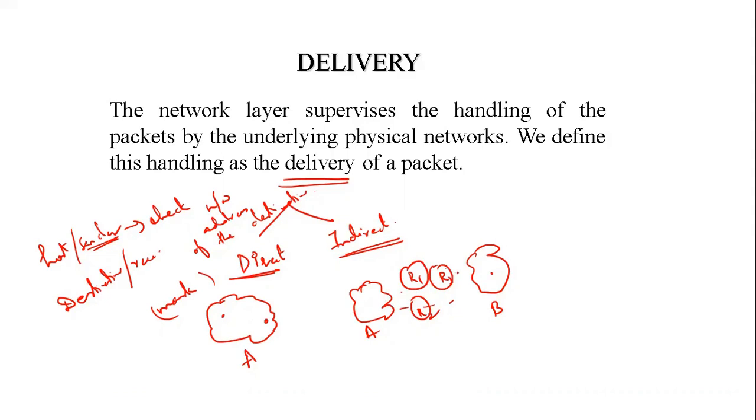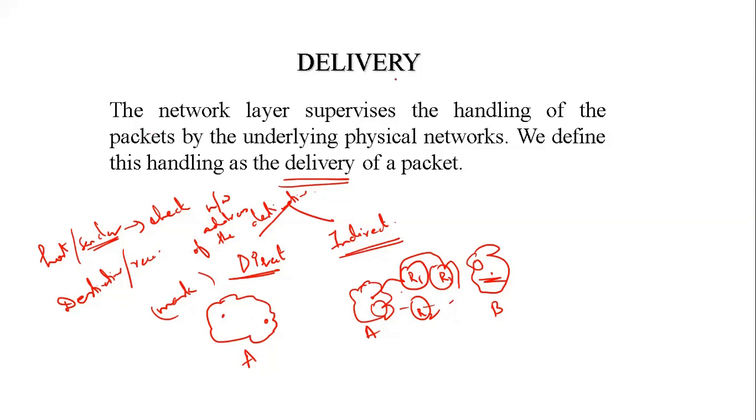Now, what happens in indirect delivery? The packet goes from one router to another router to another router until it reaches the one connected to the same physical network as the final destination. You can have routers even inside the network, right? So until it reaches the router which is inside the network, it will keep on traveling from one router to another. This kind of delivery is indirect delivery.